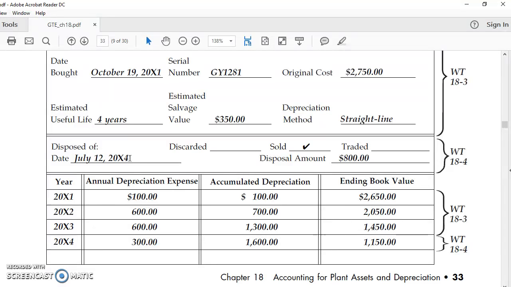So 6 times 50 equals 300. So I'm only depreciating this asset for $300 for the last year because I disposed of it in July. So therefore, I'm going to take my accumulated depreciation here of $1,300 plus my $300 to get $1,600. And then I end with $1,150. That is my ending book value of that asset.